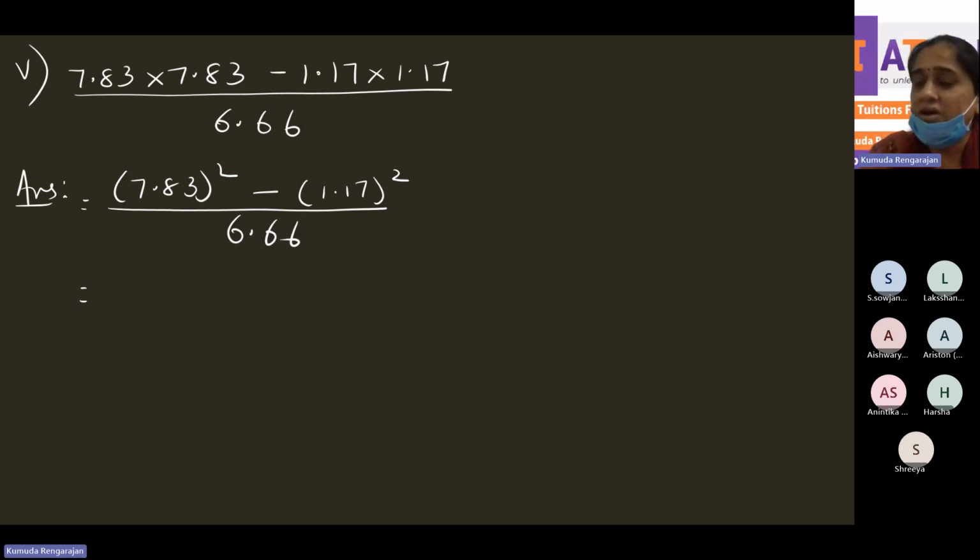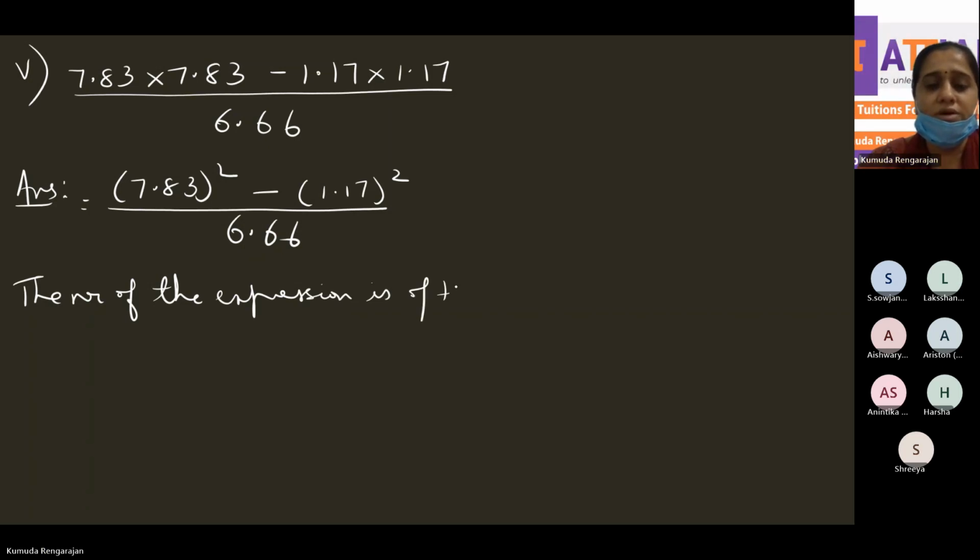Now use an identity. What is a square minus b square? a plus b into a minus b. The numerator of the expression is of the form a square minus b square.